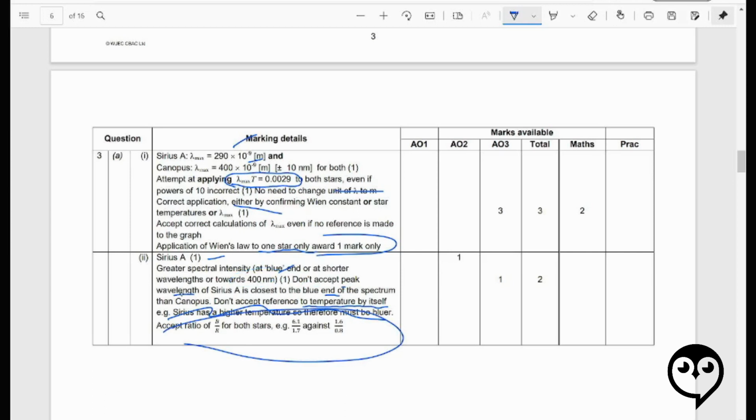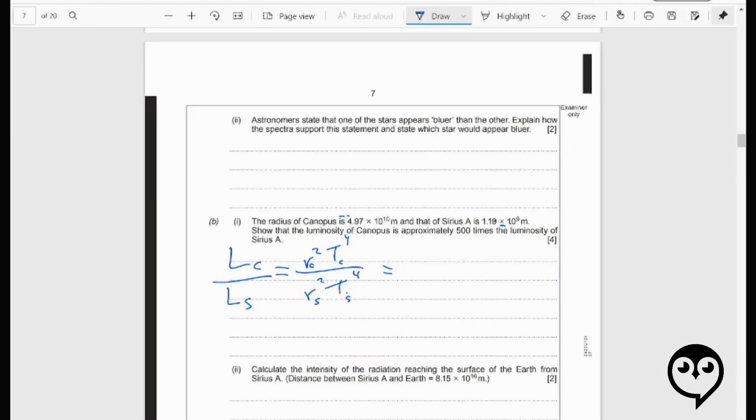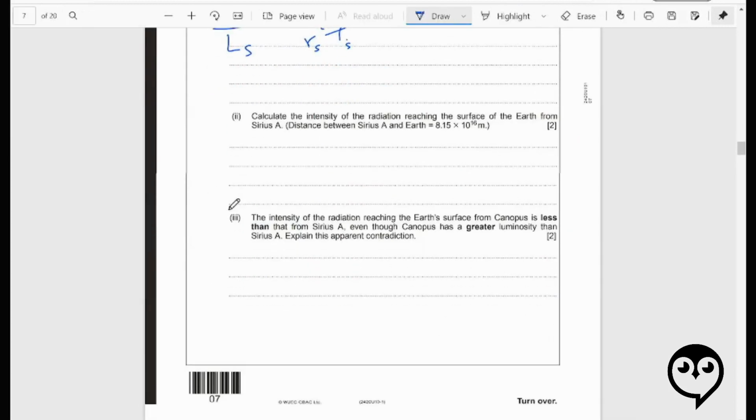Don't accept peak wavelength of Sirius is closer to the blue end of the spectrum. That's not good enough. You need to say Sirius A has its intensity, the greater spectral intensity at blue end, or at shorter wavelengths. Yeah, that's what we had said. Interesting, the stuff they won't accept, so just watch that.